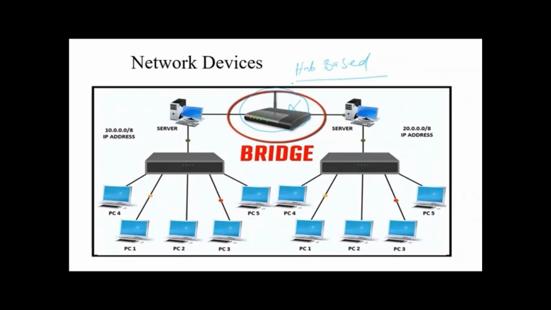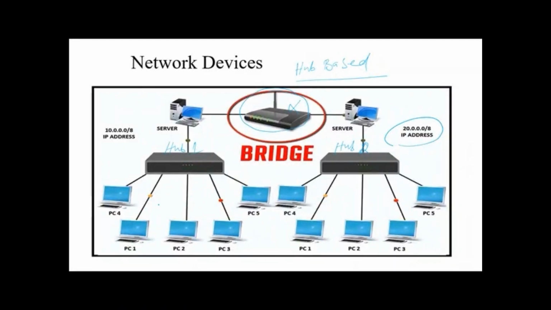Like a bridge you can see on a river, or maybe on a canal or something like that, to connect. So let's say this is hub number 1 and this is hub number 2. Here we have some computers which are connected to this hub, and here we also have some computers and devices which are connected to this hub.